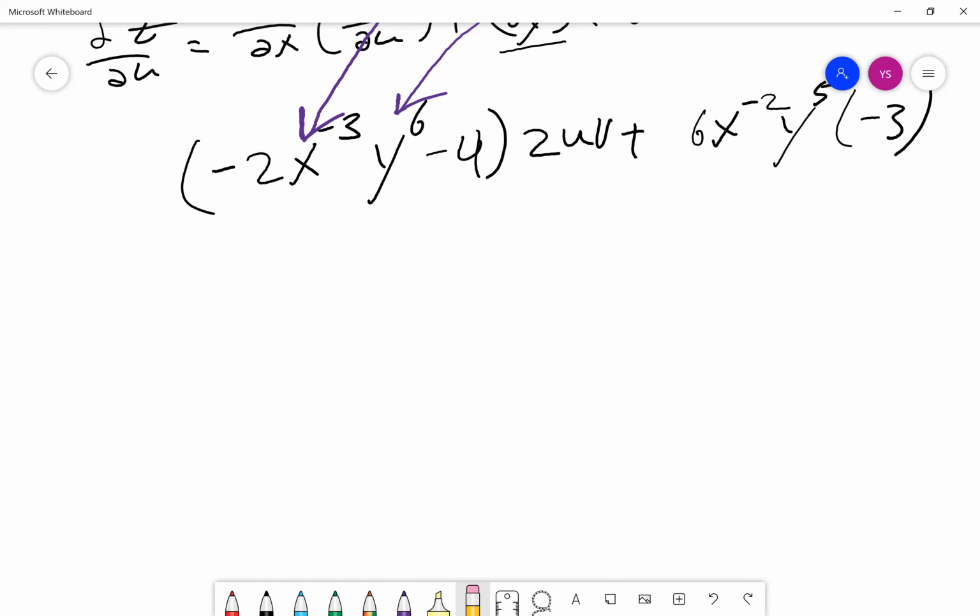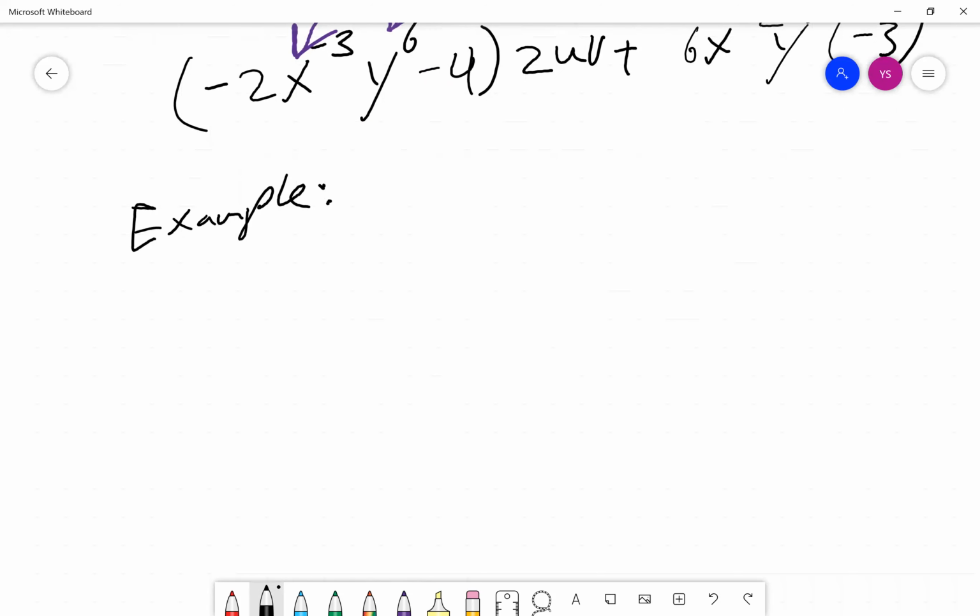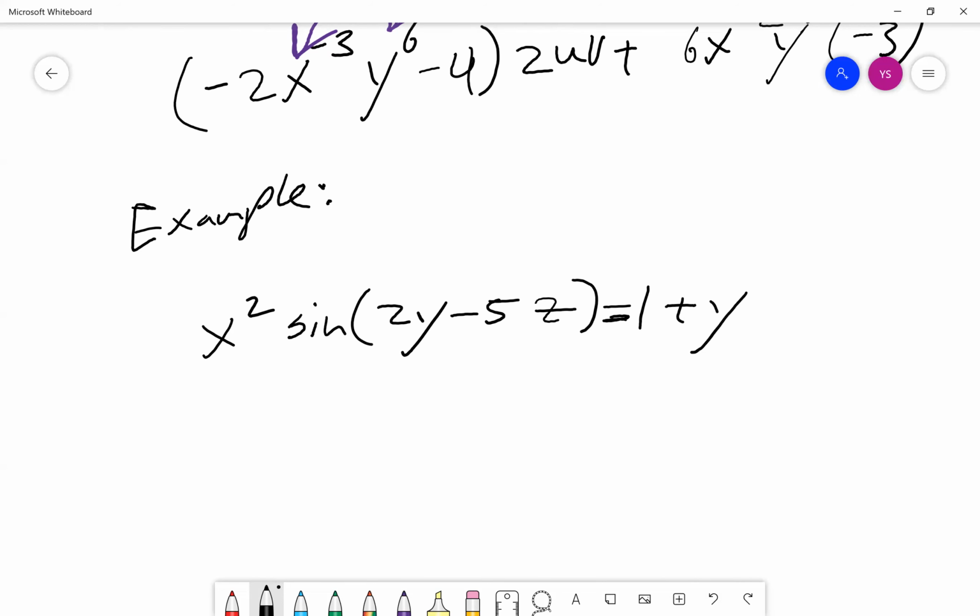So let me do this in the form of an example, and we'll see what happens. But let's say you have a situation like x squared sine of 2y minus 5z minus 1, is equal to 1 plus y cosine of 6zx.